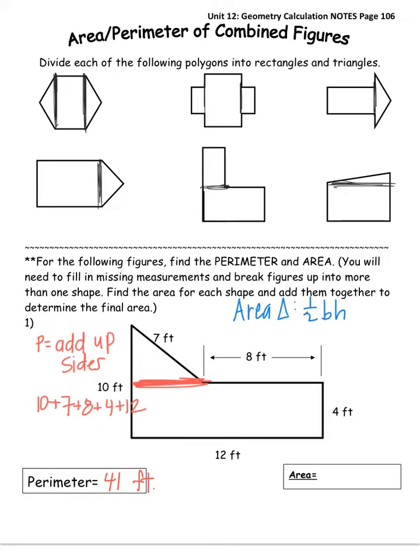So we have to do some calculations here. Alright, so we know that if this piece here is 8 and we're looking for a total of 12, we are missing 4 feet right here, because 8 plus 4 would give you this 12. So I'll put 4 feet.